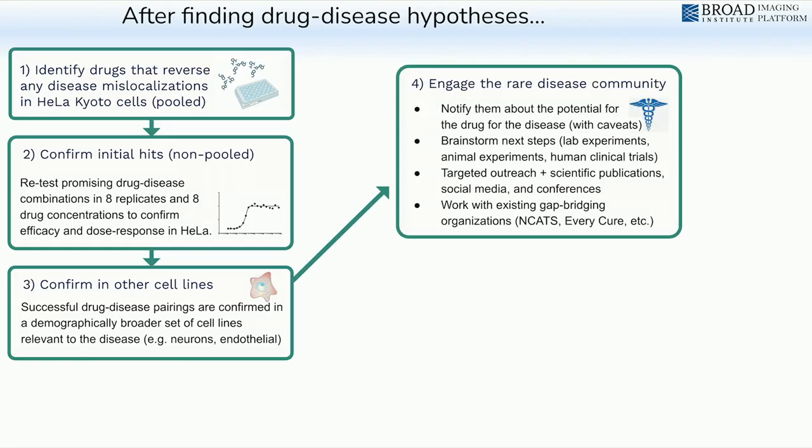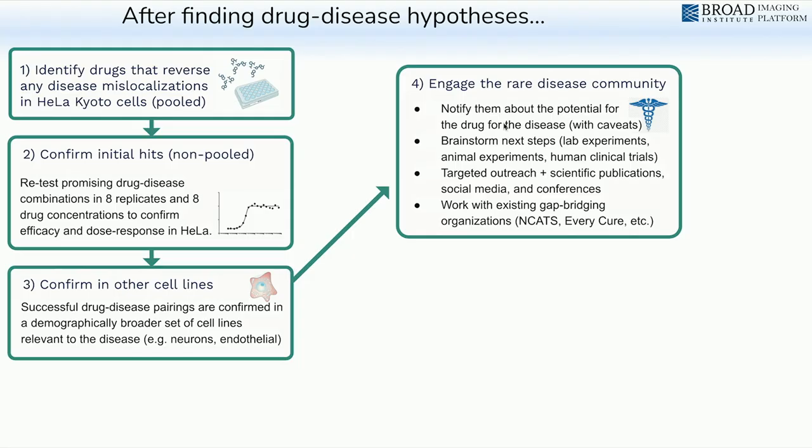And then from there, we will be engaging the rare disease community directly. There are a number of organizations whose very function exists to bridge this gap. So NCATS, Every Cure, Remedy for All, and many other groups that aim to take basic research in the lab and help translate it to clinical trials and to human patients.